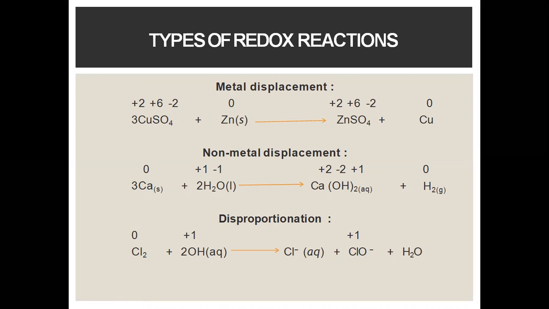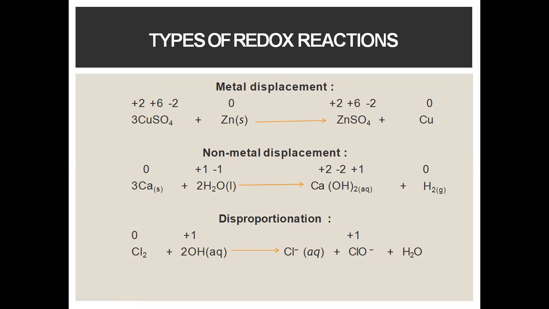So you can see in CuSO4, plus 2, plus 6 and minus 2 oxidation states are there, with zinc it's 0. And you can see when the displacement reaction takes place, ZnSO4 forms with plus 2, plus 6 and minus 2 oxidation states, and copper goes from plus 2 to 0. Okay. Same with the non-metal displacement.